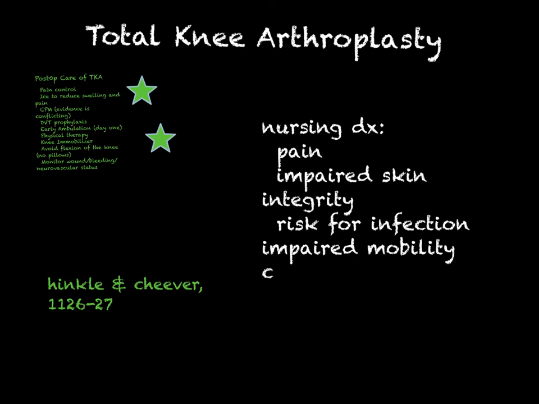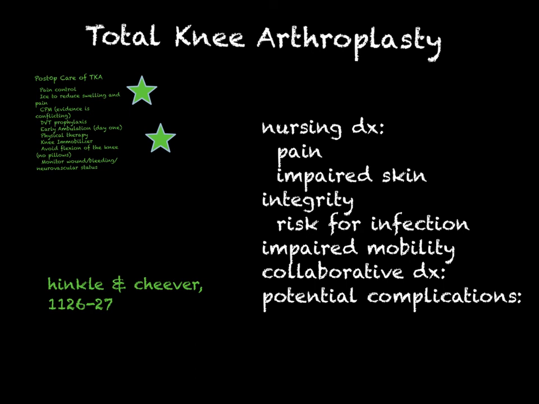Certainly you have collaborative diagnoses. And this person is at risk for bleeding. We'll say potential complications too. Bleeding, at risk for dislocation, and then we talk about DVT, PE.